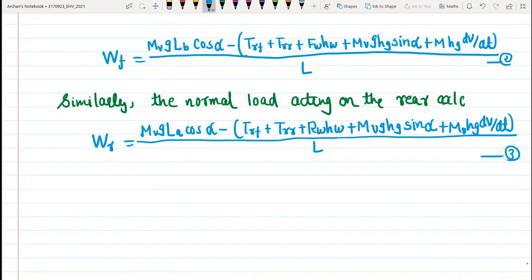Okay, so these are my normal loads which are acting on the front axle as well as the rear axle. These are also the dynamic equations.